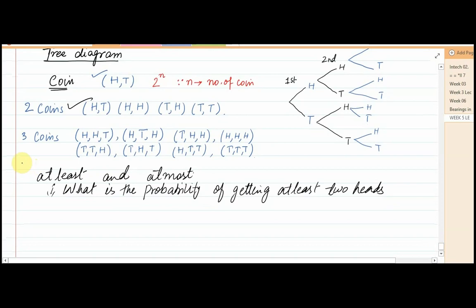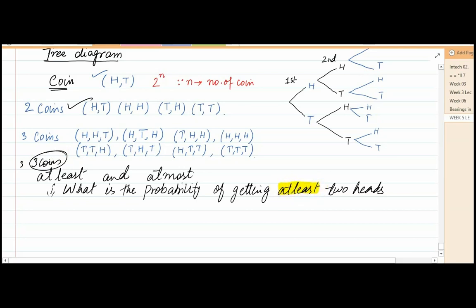And we are talking about 3 coins. So we are talking about 3 coins, and the question is what is the probability of getting at least 2 heads? Now first you need to clarify the concept of at least.